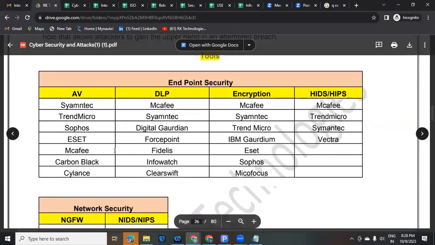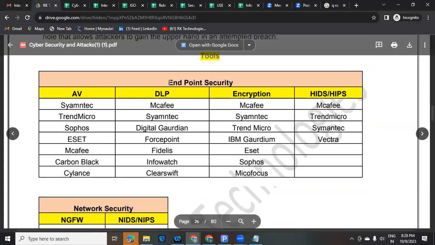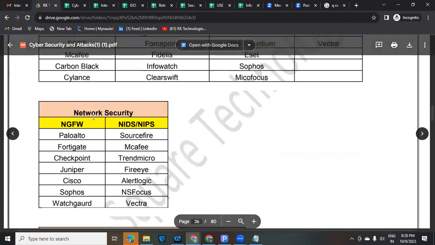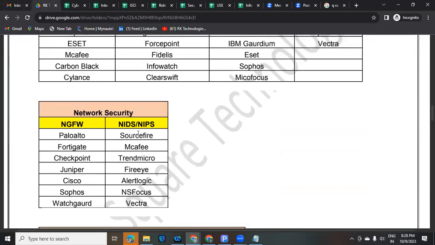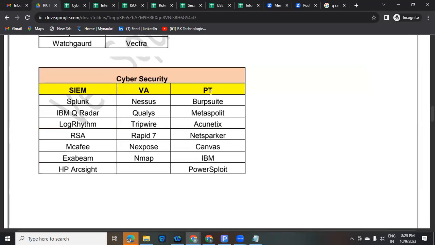And also vendor wise: what are the antivirus vendors we have, EDR vendors, DLP vendors, encryption vendors, HIDS and HIPS vendors on the endpoint security side; on the network security side, firewall, network IDS and network IPS. On the cyber security side, SIEM tool vendors, vulnerability assessment vendors, penetration testing vendors.